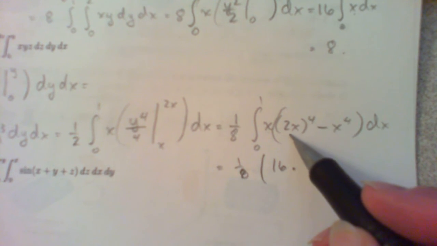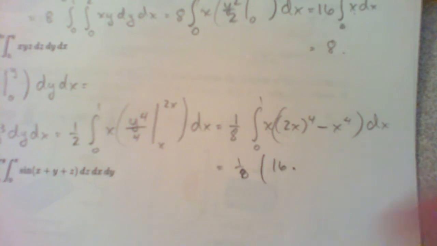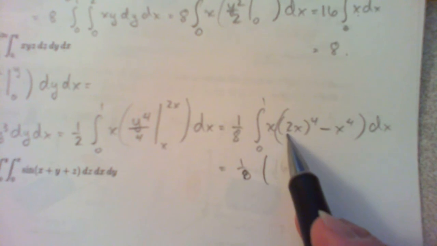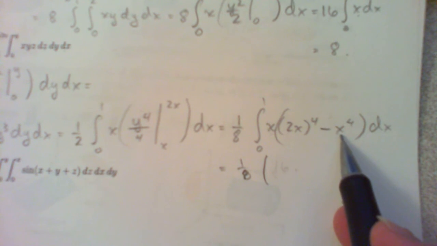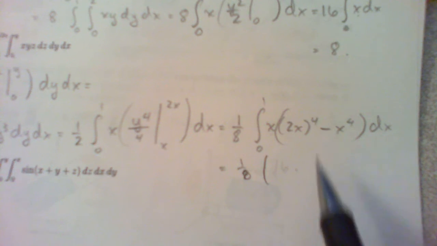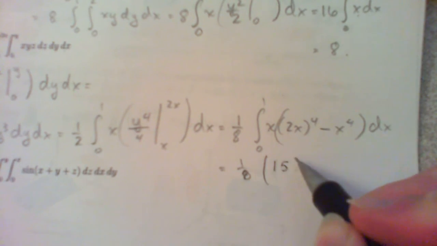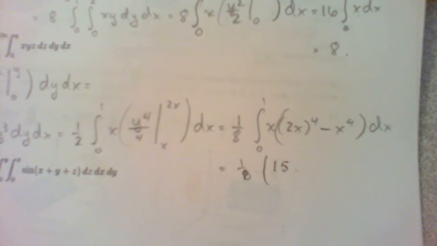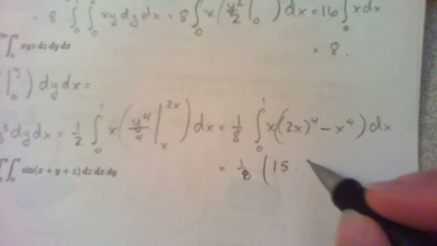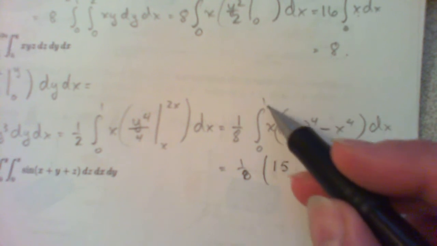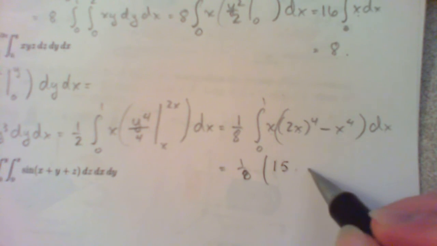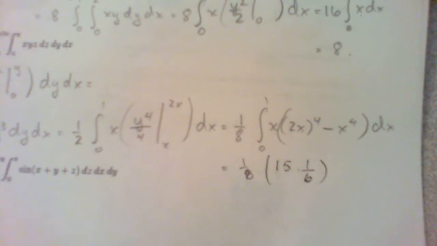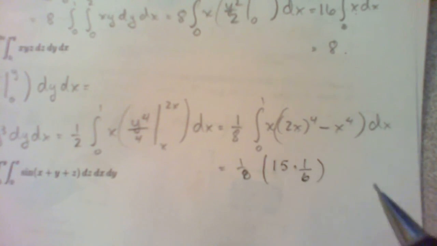We could just tally this whole thing up as is. Right here you have 16, because 2 to the 4th, then you're taking off 1, so you have 15 worth of these objects in here. So 15, this is going to be x to the 5th. The antiderivative is x to the 6th divided by 6, so after I've evaluated from 0 to 1, I would have just a 1/6 coming out of this integration. So that would be your end answer on that.